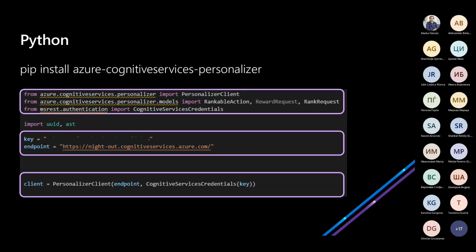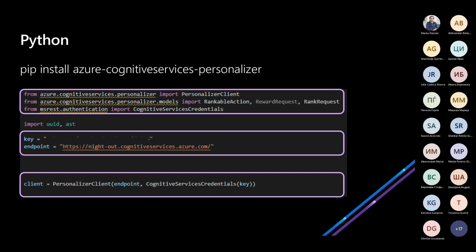After we have installed that, we can import the different things that we need from this package. Then we copy and paste the key and the endpoint of the Azure Personalizer resource that we just created, and we authorize it in order to start using the service with the Personalizer client.